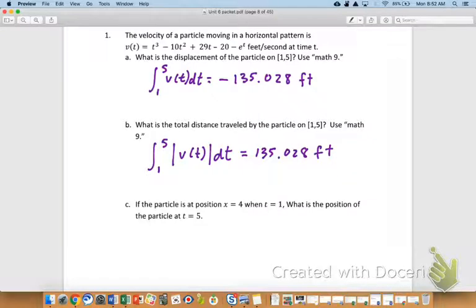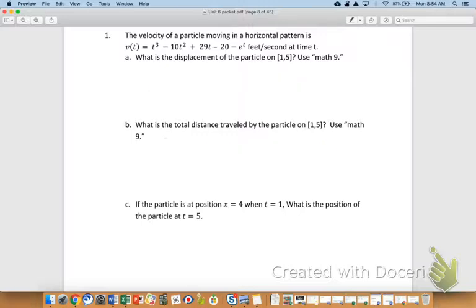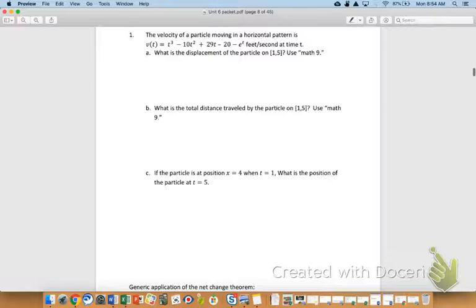Okay. So Part C. Did anybody try Part C? Okay. Let's see how you did. So with Part C, it says if the particle is at position x equals 4 when t equals 1, what is the position of the particle at t equals 5? I would like to show you all this.